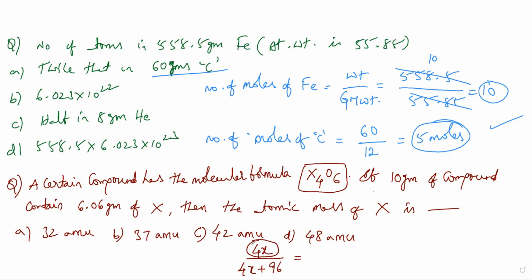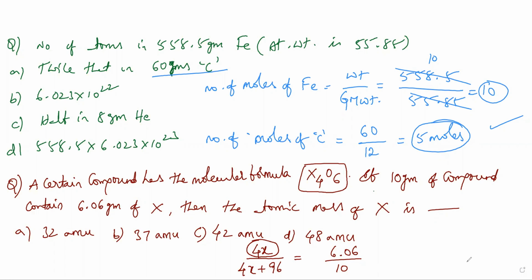Now, mass of X is given. Out of 10 grams of the compound, the total mass of the compound is taken as 10. Then the mass of 4X is 6.06. Atomic mass of X, if you find X, that will be your answer.